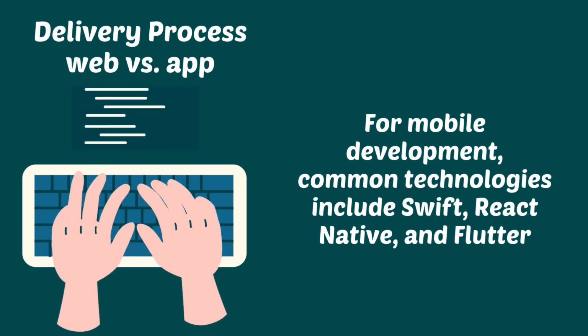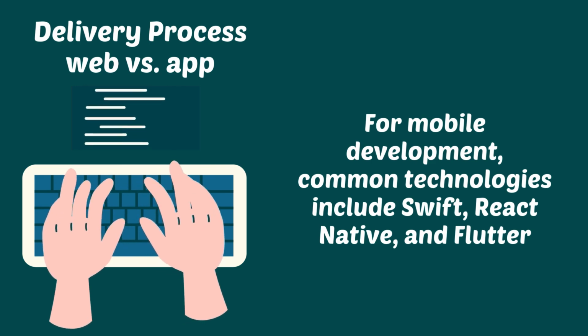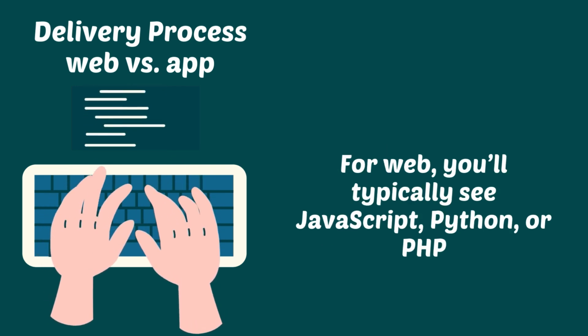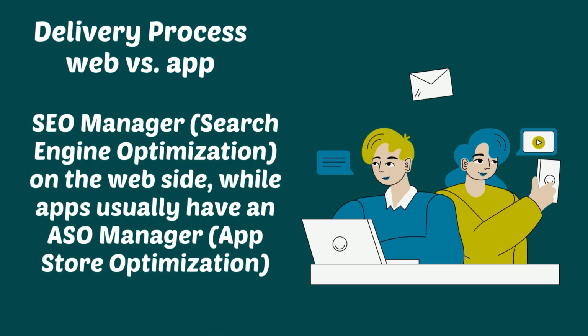For mobile development, common technologies include Swift, React Native, and Flutter. For web, you'll typically see JavaScript, Python, or PHP. Role-wise, you'll often find an SEO manager, search engine optimization, on the website, while apps usually have an ASO manager, App Store optimization.